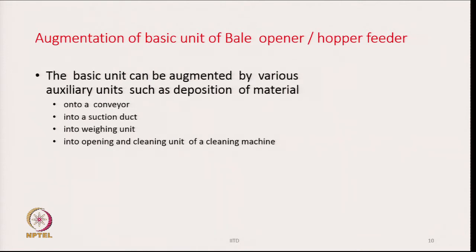The augmentation of the basic unit of bale openers and hopper feeders: you will find that we can augment the basic unit by having some attachment or auxiliary units, like depositing the treated material onto a conveyor, into a suction duct, into a weighing unit, or into the opening and cleaning unit of a cleaning machine in front of it.